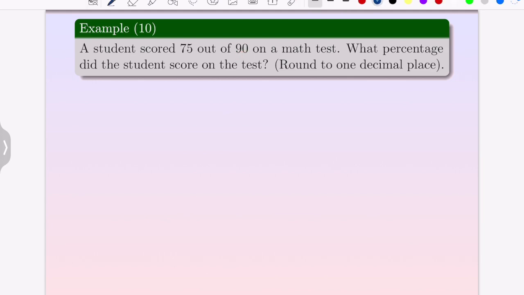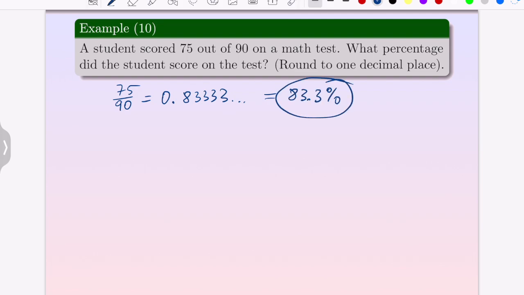So we would have 75 out of 90, and that would give me 0.83333, and so on. If we change this to percentage, we would multiply this times 100 or move the decimal 2 places. So this is 83.3%. That's the score they received.